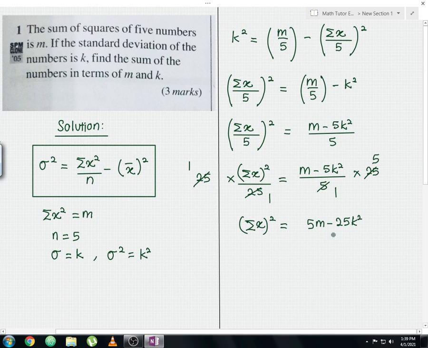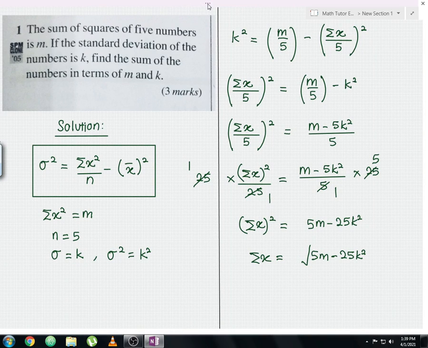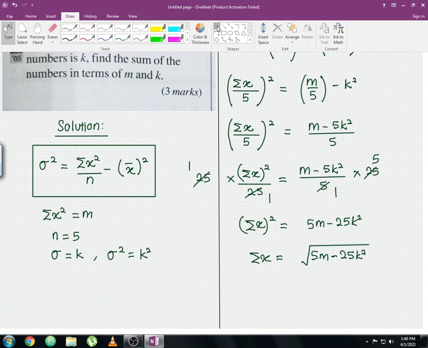So the sum of numbers will be equal to the square root of 5m minus 25k square. Let me underline the square root. So this is your final answer, guys. Let me underline the solution for you.